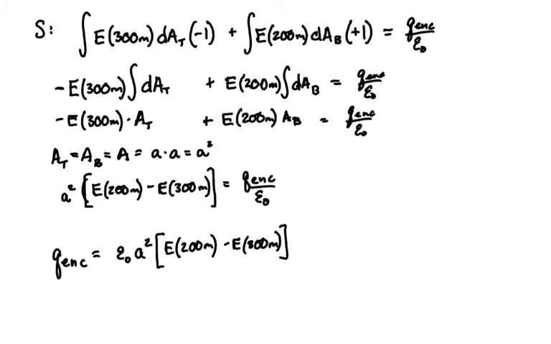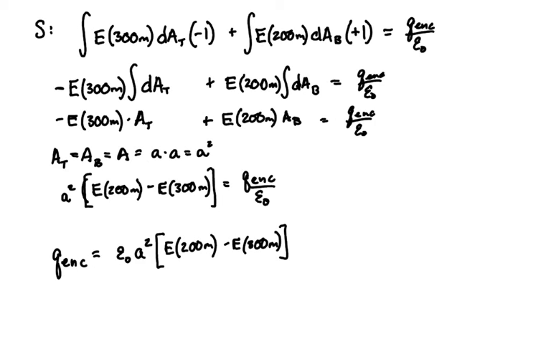All you have to do from this point is input our given values, where this permittivity of free space is a constant. It is on the back of your PRC. The side of each of our dimensions on the cube is 100 meters, and our electric field at 200 meters is 100 newtons per coulomb, and our electric field at 300 meters is 60 newtons per coulomb.